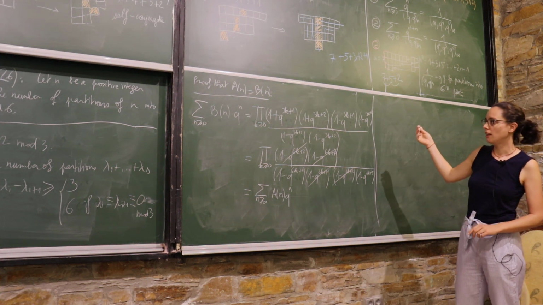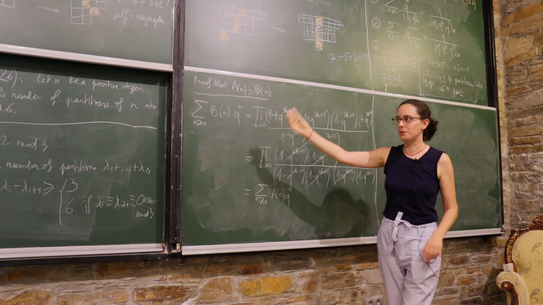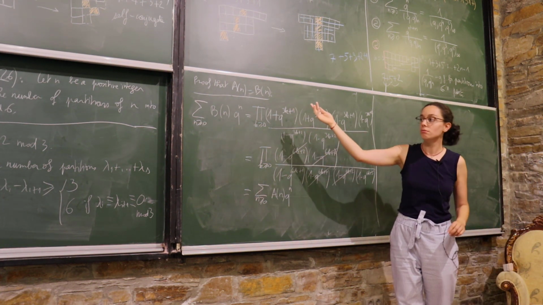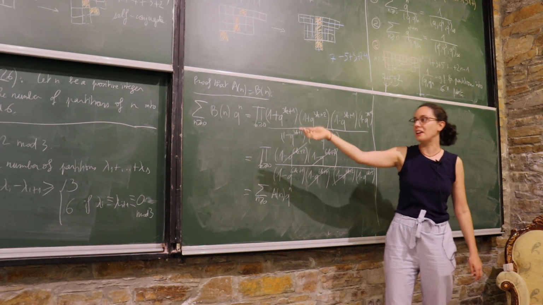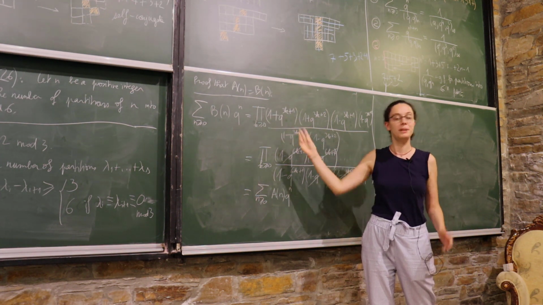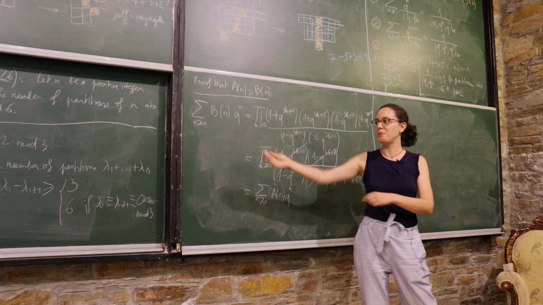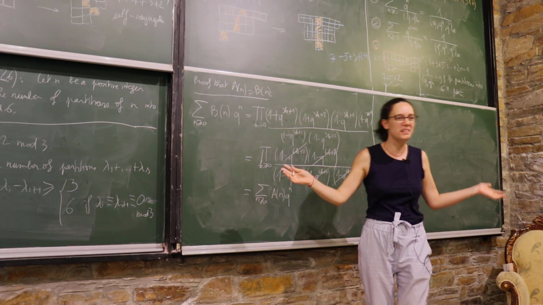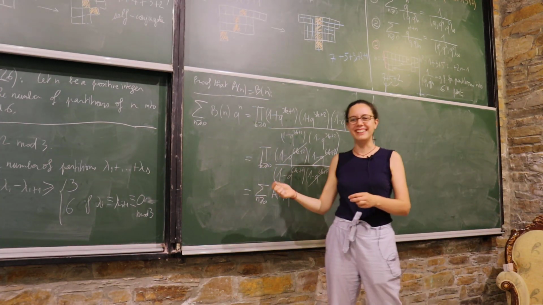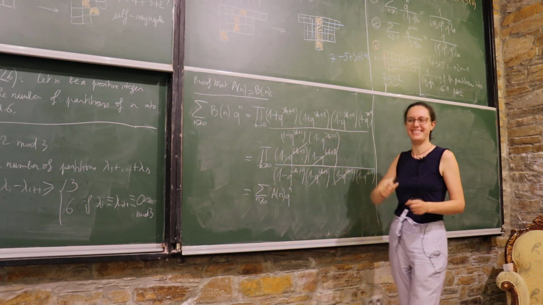Okay, so even from this proof and from what we said until now, I think you agree with me that the generating function for A of n, or equivalently B of n, is much easier to compute than the generating function for C of n. Or maybe you haven't tried yet, but if you try, you will see it's a bit less immediate.